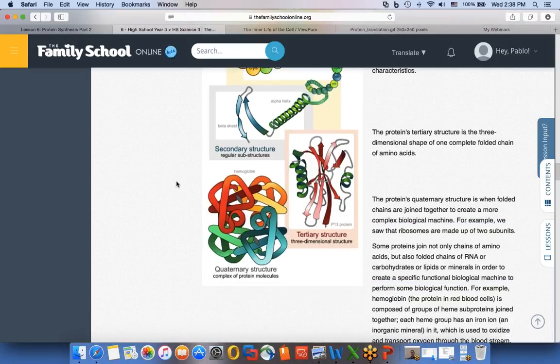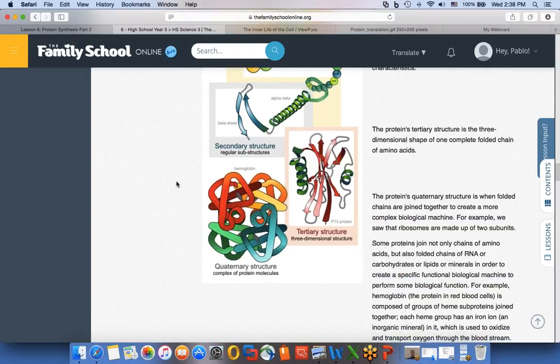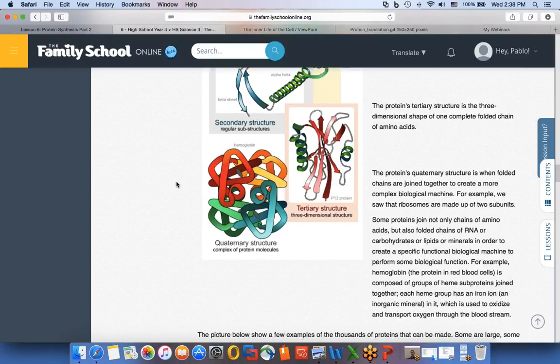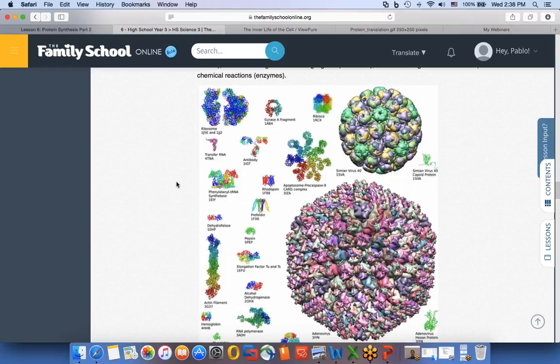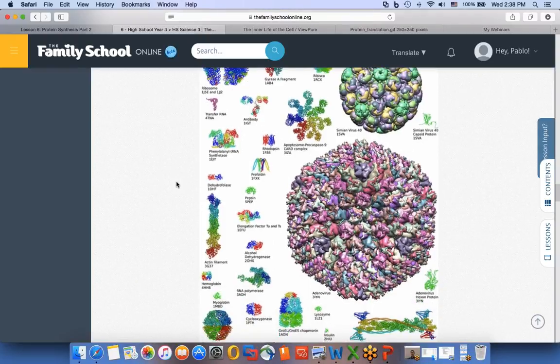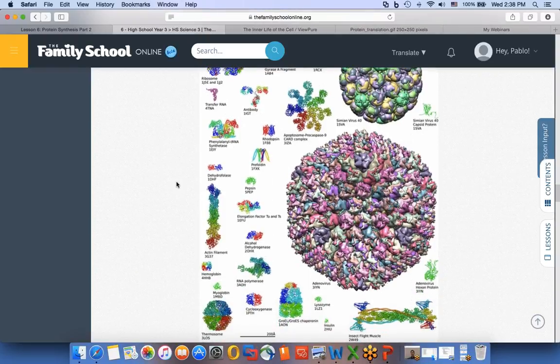As you go down, there's a picture of all different kinds of combinations, and as there are different shapes and sizes of the amino acids, they make different shapes and sizes that have jobs for the proteins. Depending on the sizes of the proteins depends on their job.